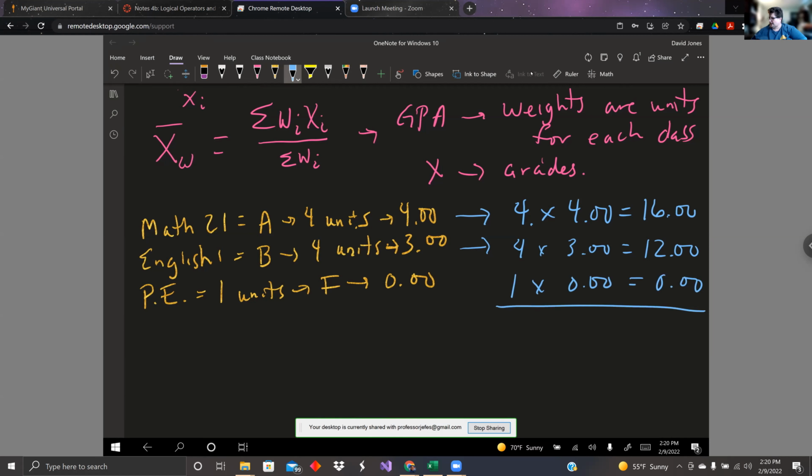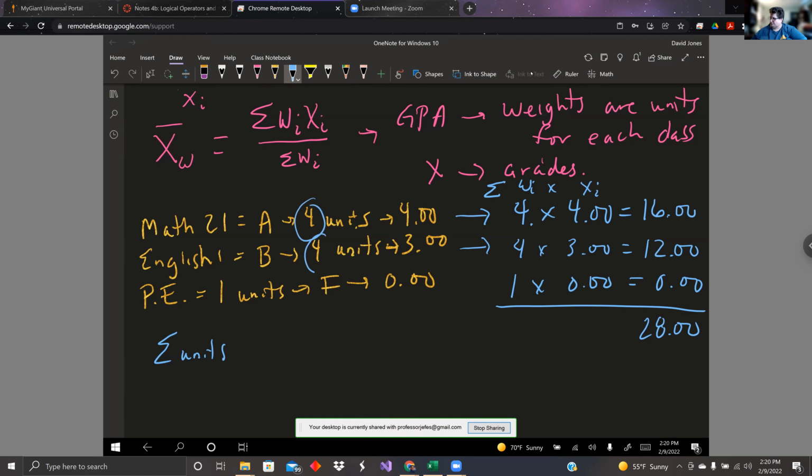So this is my WI times my XI. And we're doing the sum, so we're going to add these up. This is 28.0. Now we need the sum of the weights. The sum of the weights is just the sum of the units.